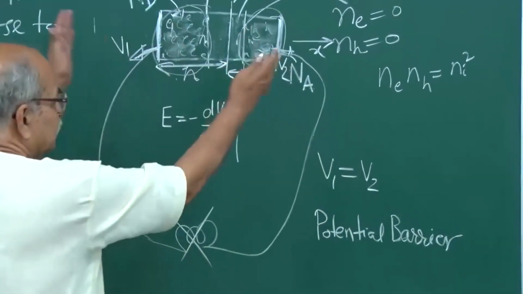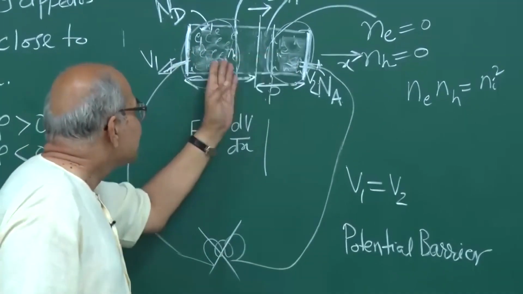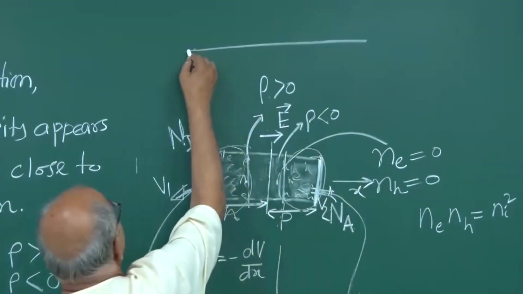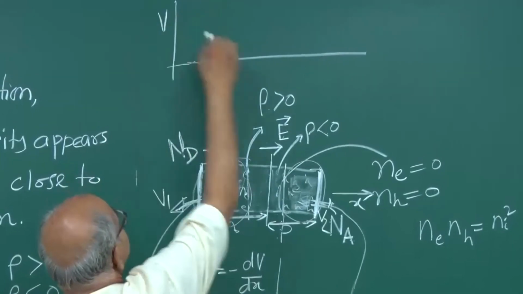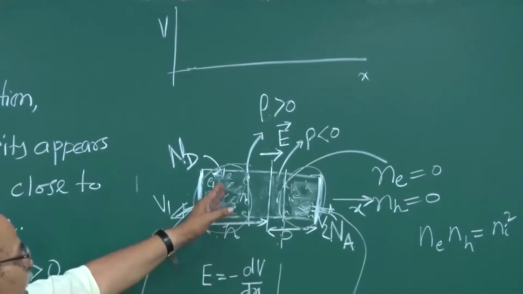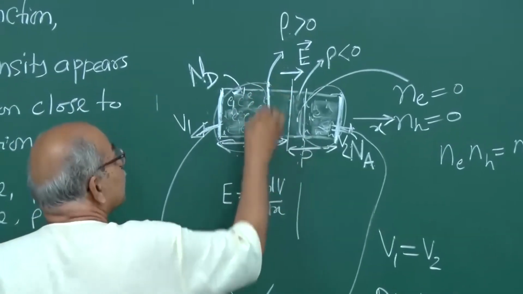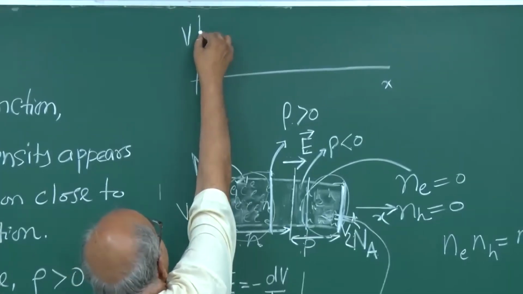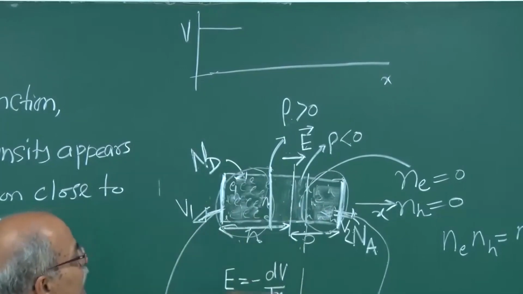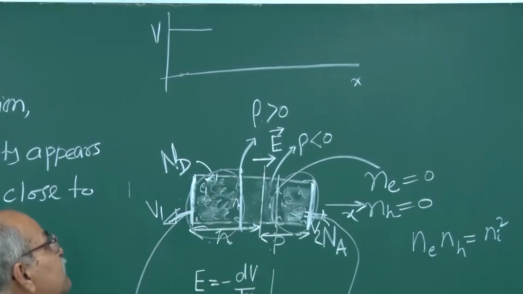If you remove the metallic contact, we are still in the semiconductor, and if I plot the potential as a function of x, how will it look? This potential is higher and this potential is lower. Up to this depletion region the potential is constant, and after that the potential will gradually decrease once you enter the depletion region because of this electric field.